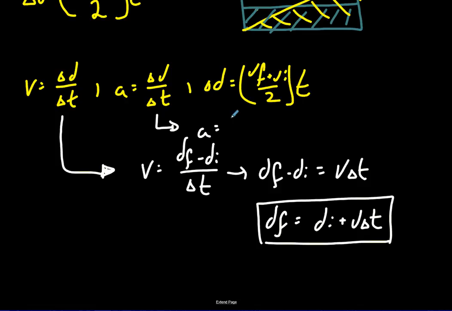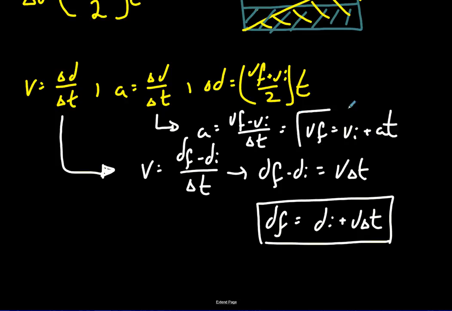Okay, so A equals Vf minus Vi over delta T, or that rearranges to final velocity equals initial velocity plus acceleration times time. So that's just taking these formulas and expanding them out. So do we really have like 5 formulas? Not really. We have 3, but we can expand 2 of them into something that's a little more, I don't know what you call it, detailed, let's say.